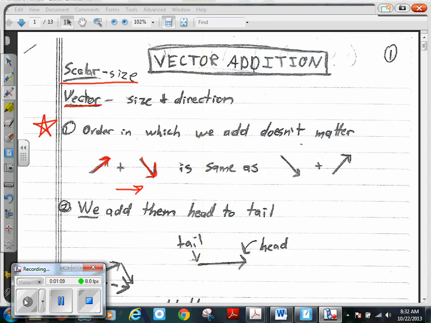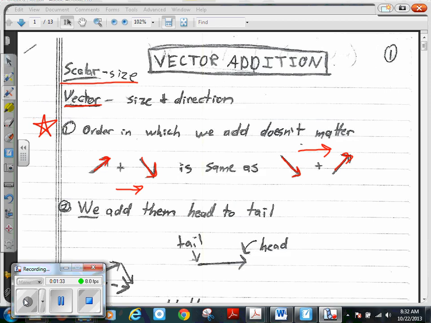But if we add this plus this, we're still going to get this. Does that make sense? So it doesn't matter which way you add these things. And you guys added them six different ways yesterday in lab. And you all still got to the same spot except for one group, I think, messed up a little bit.